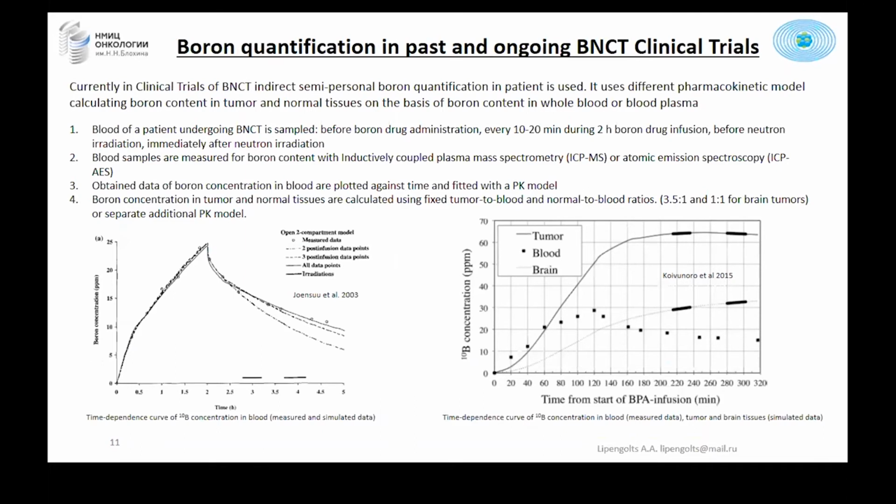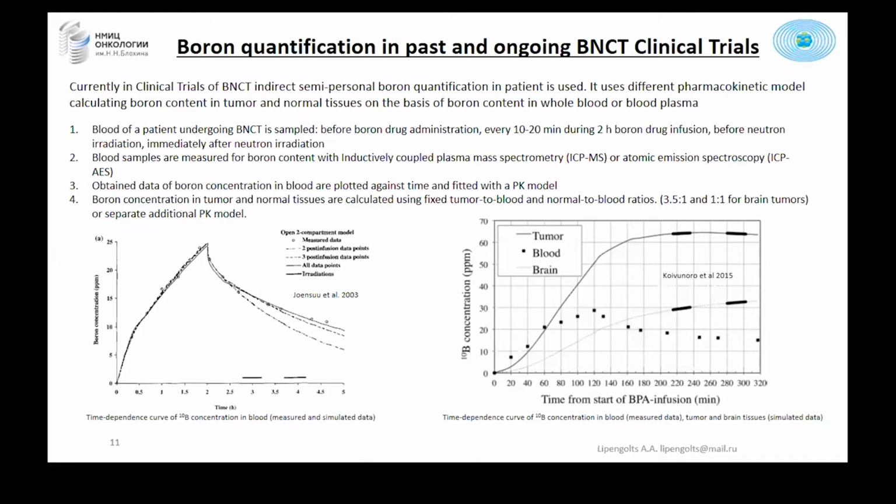During practical implementation of BNCT, when treating patients, the procedure of boron quantification currently is the following. Every patient, on administration of the boron drug, no matter which one, is sampled with blood every 10-20 minutes, and the samples are immediately analyzed for boron quantification to create a time-dependent curve of boron concentration.